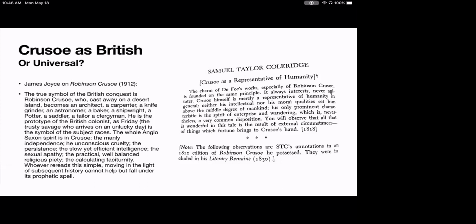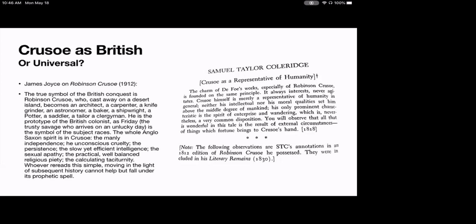Neither his intellectual nor his moral qualities set him above the middle degree of mankind. His only prominent characteristic is the spirit of enterprise and wandering, which is nevertheless a very common disposition. You'll observe that all that is wonderful in this tale is the result of external circumstance, of things which fortune brings to Crusoe's hand.